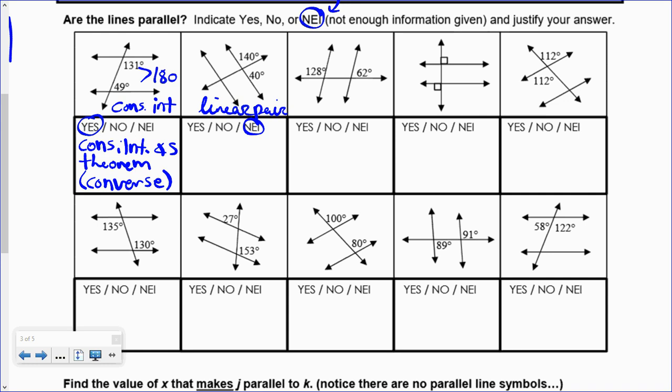Yeah, it doesn't give you information on this line, so we can't really compare anything. So you're going to circle "any" and then just say linear pair is not sufficient, or enough, whatever word you want to use, whether you want to sound fancy or not.